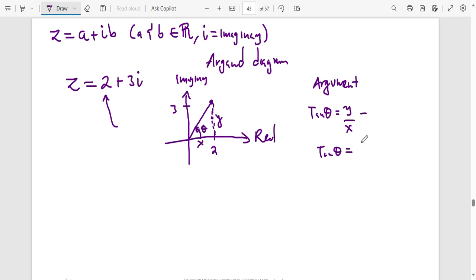So just get the number in front of the i. The x value is the number without the i. So to remain with theta, I'll take tan the other side, so it becomes tan inverse of 3 over 2. So that is how you are going to be able to determine the argument of a complex number there. Any question?